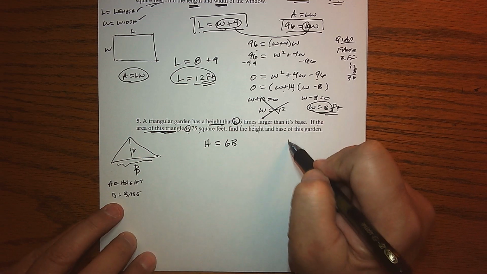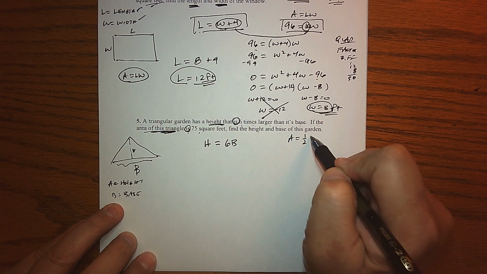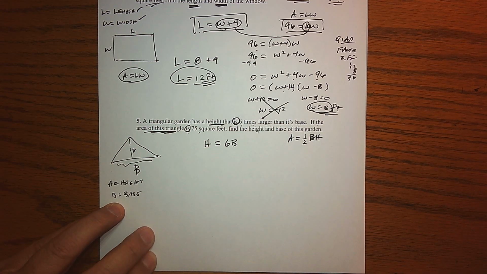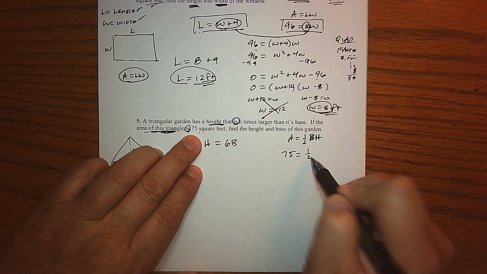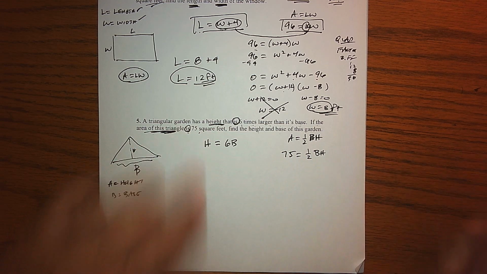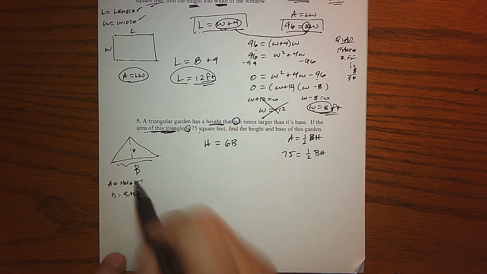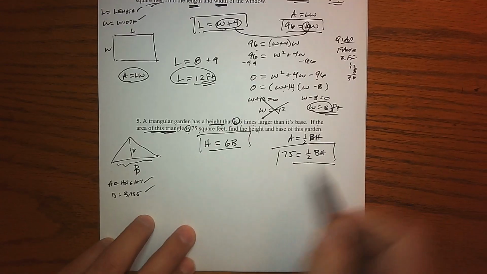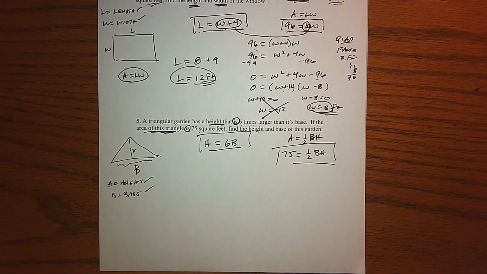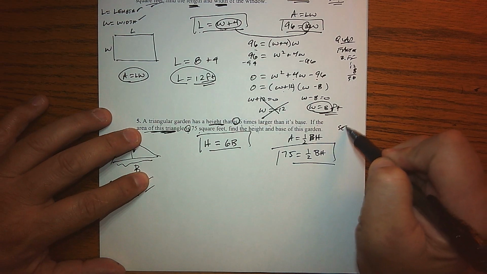Area is 1/2 the base times the height, and in this case our area is 75. So 75 equals 1/2 the base times the height. We had 2 unknowns, and through some translations and remembering some formulas, I now have 2 equations, so we're done with our setup phase.